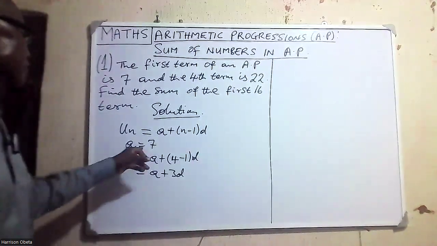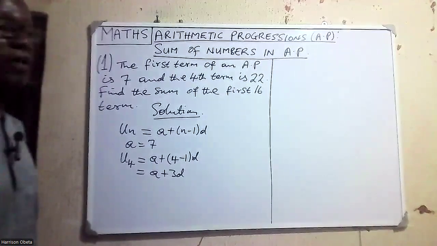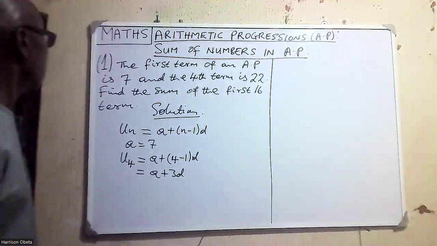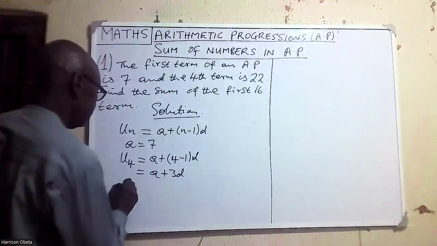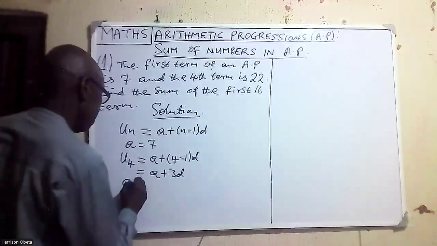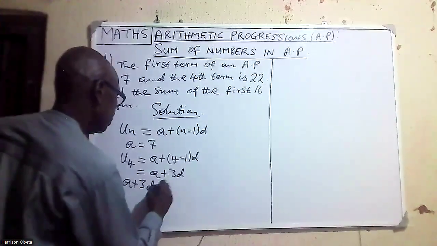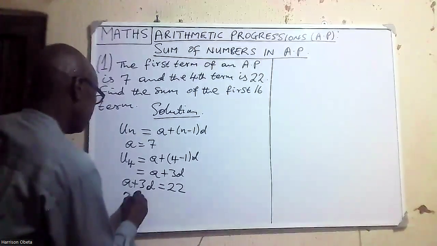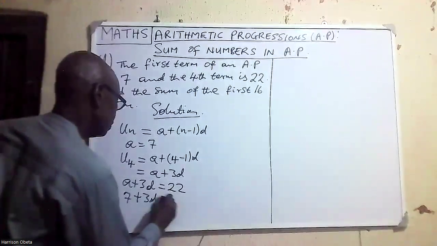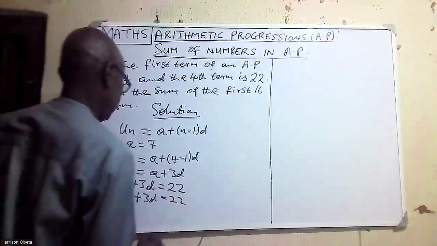But already we have known that our a is 7, and also we know that the fourth term is 22, so we substitute. That means a plus 3d equal to 22, 7 plus 3d equal to 22.